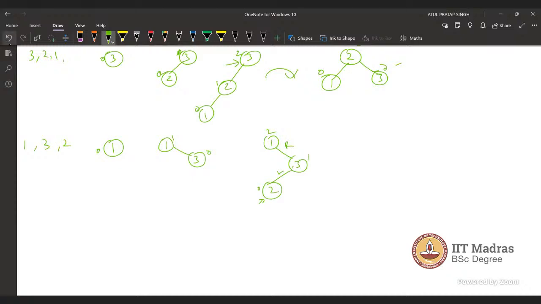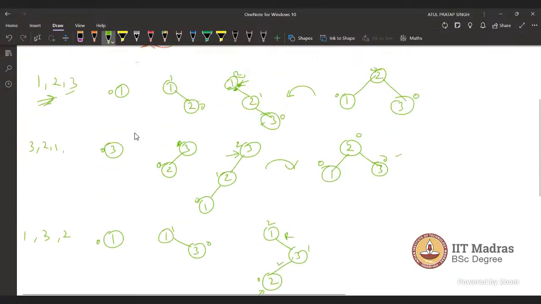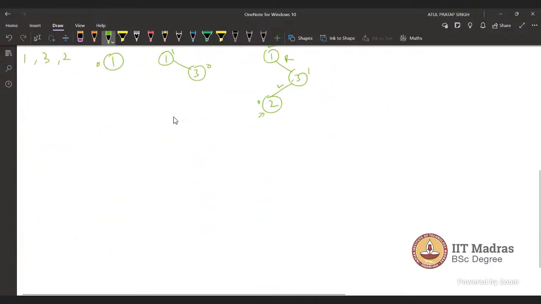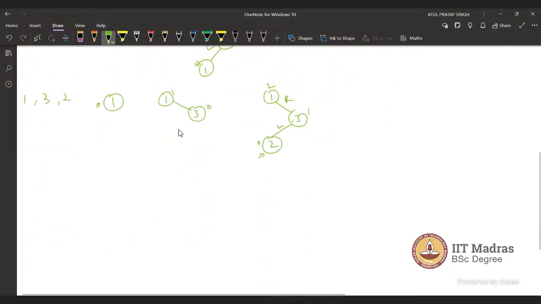In the previous example, this is the RR situation, the RR rotation, right rotation. If this is the situation, it is called the LL rotation. And this third type of situation is called the RL situation. In RL rotations, we apply two rotations.